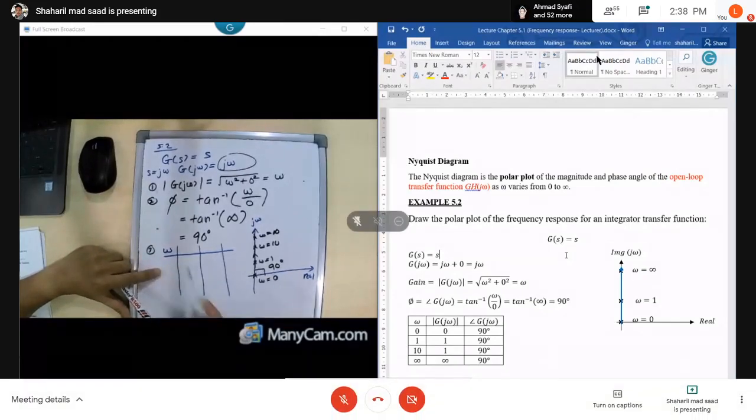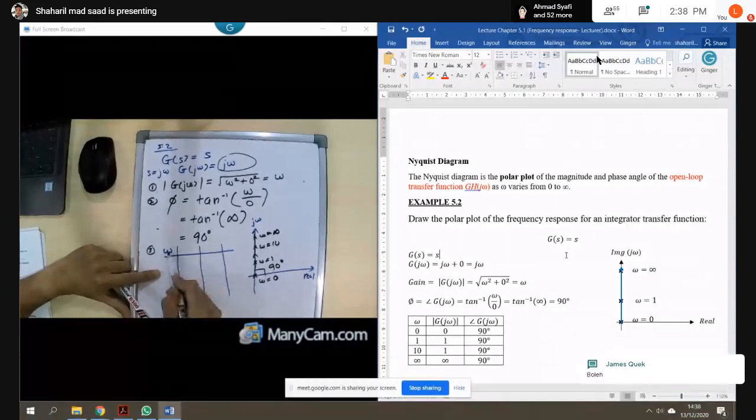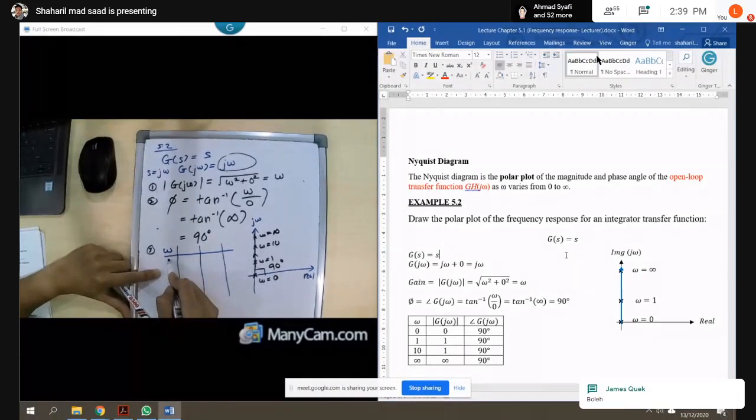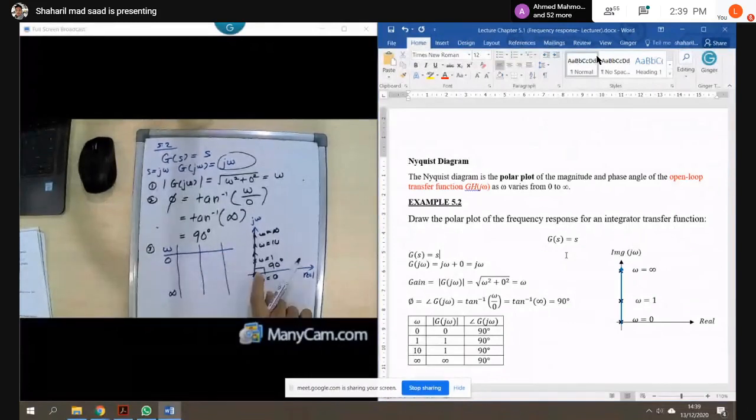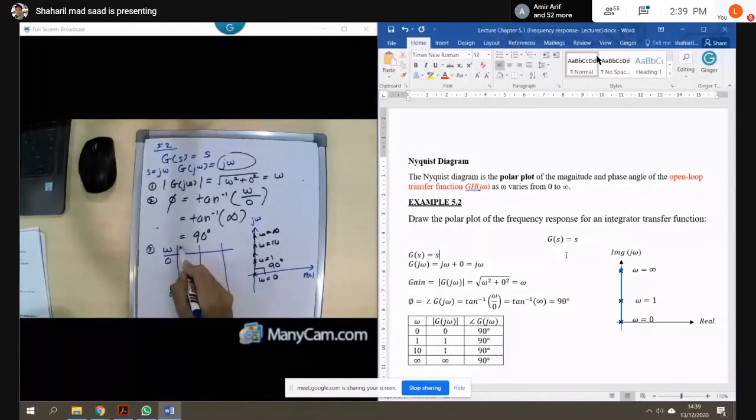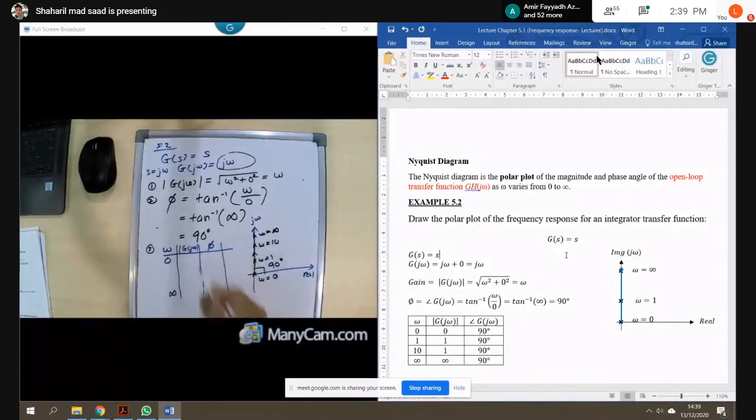Now, we want to plot omega from 0 to infinity. We want to see what our roots are. For omega from 0 to infinity, of course, we want to plot the gain and also the phase shift.